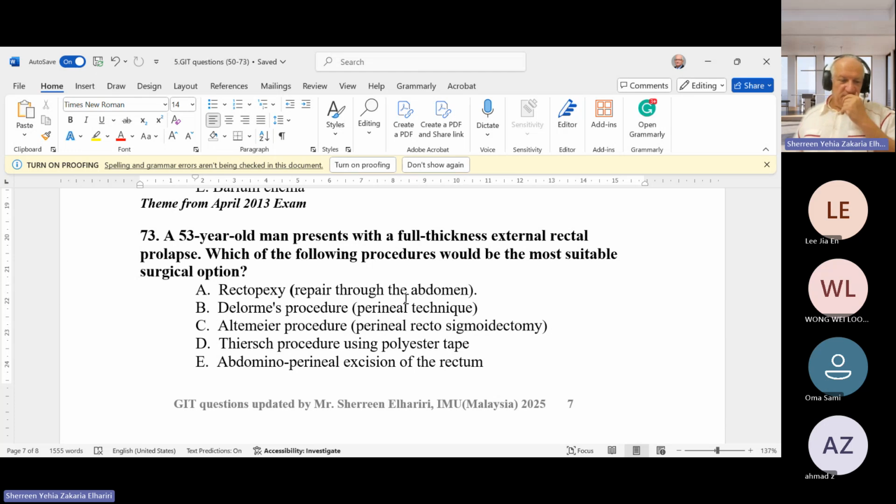We consent him about erectile dysfunction, because in this area we have the nervi erigentes, or pelvic splanchnic nerves, and these are responsible for parasympathetic erection. So this patient may have erectile dysfunction. So it is important in any patient with rectopexy to consent him about erectile dysfunction. It can happen, especially in young patients.